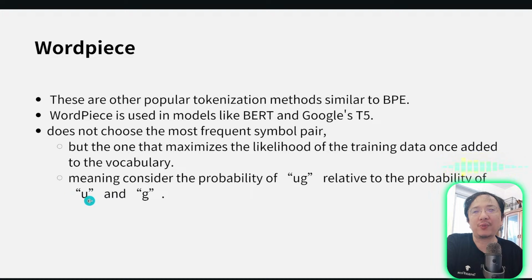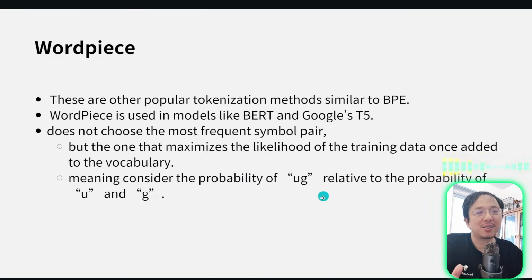So suppose the probability of the appearance of U is like 0.1%, and the probability of having G is like 0.1%. So if U and G are just near to each other by coincidence, it should have a probability like 1 in a million.